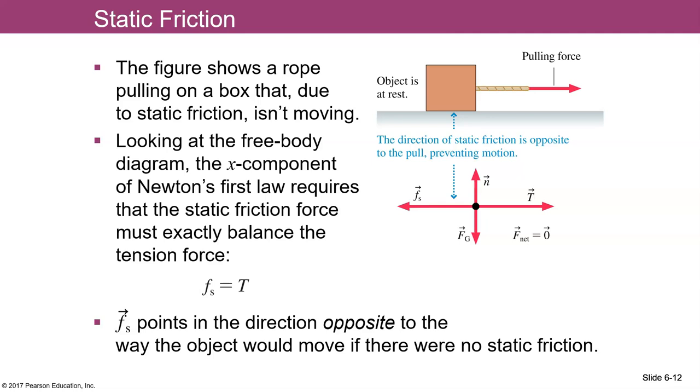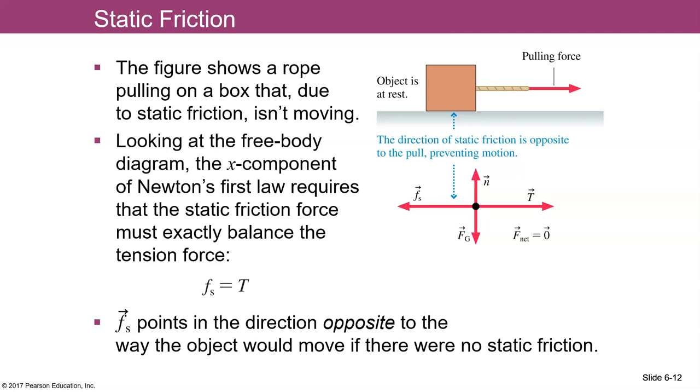And so in this particular example of the rope pulling on the block, they've set up the forces. There's the force of gravity, the normal force, which this book calls little n. There's the tension pulling, and then there's the static friction going backwards. In this example, there is no acceleration, there is no movement, and so the tension exactly equals the static friction.